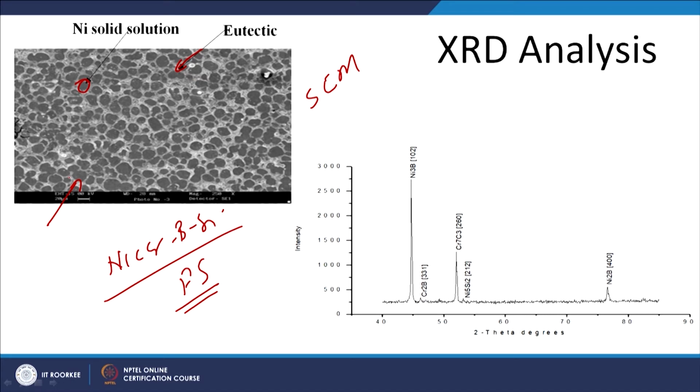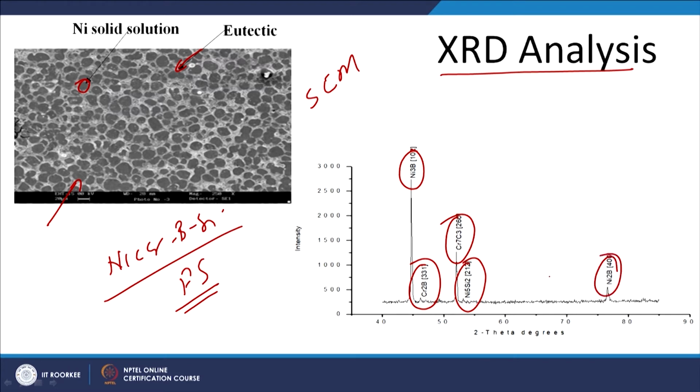From this we can simply see the number of microconstituents which are present, their sizes and shapes, but we do not know what they are exactly. For that purpose XRD analysis is carried out. XRD analysis helps us to know that there is nickel boride, chromium boride, nickel silicide, and chromium carbide. So these are the various constituents which are present and can be analyzed through XRD analysis.